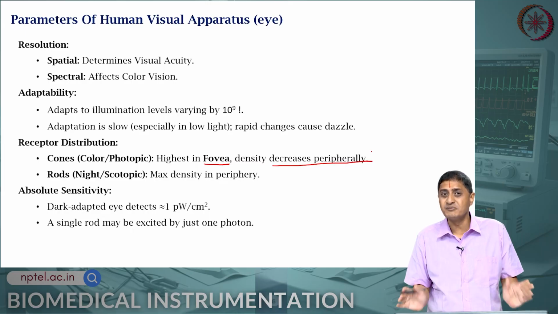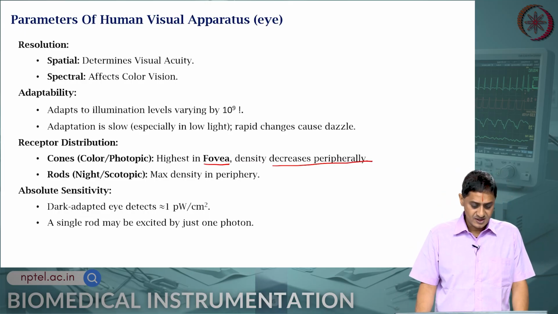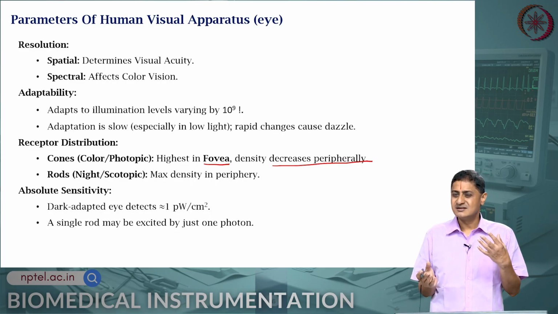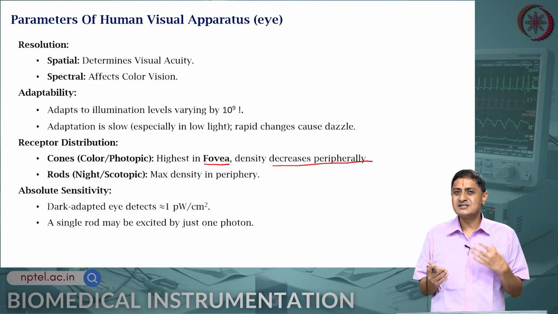As you move away from the fovea, the distribution of cones reduces, whereas rods, those that are responsible for night vision or scotopic vision, have their maximum density in the periphery and less in the fovea. So, it seems like there is a clear work distribution.